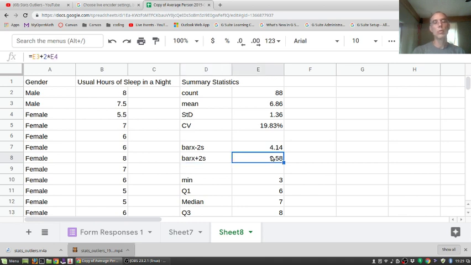A rule of thumb for outliers: if you have any data values that are more than 2 standard deviations from the mean, so in this case, since the mean is 6.86 hours per night, anybody that sleeps less than 4.14 hours or more than 9.58 hours is unusual compared to the rest of the group. So I would need to sort this data to explore that idea.